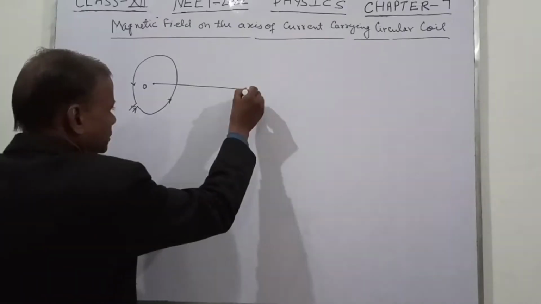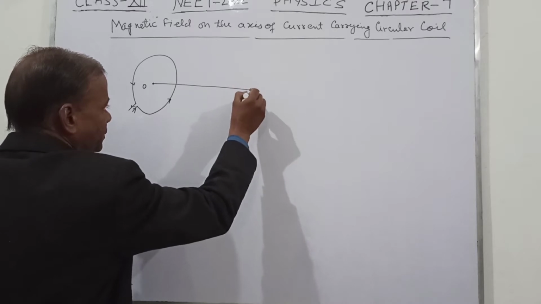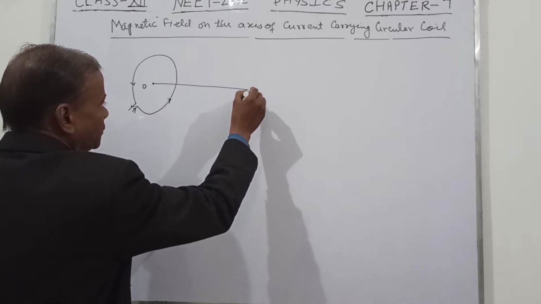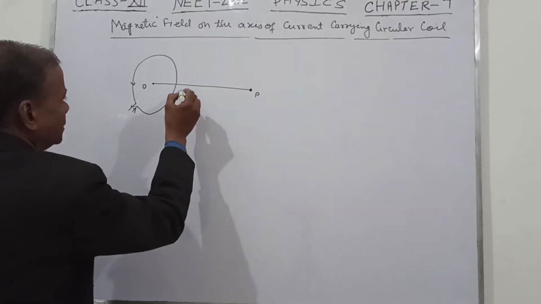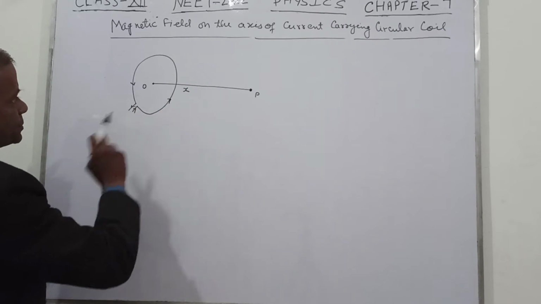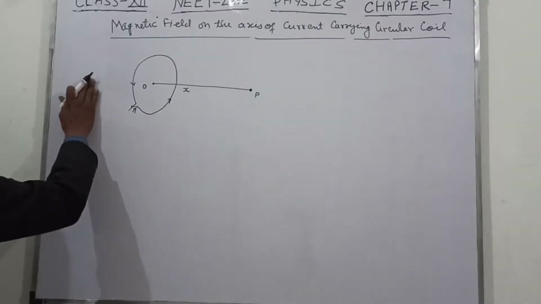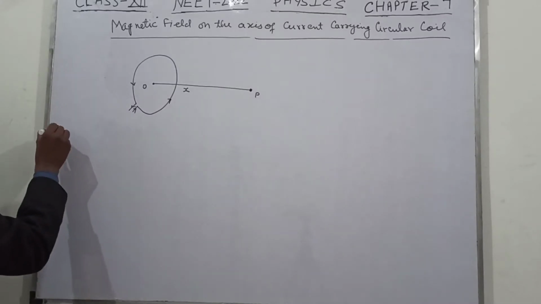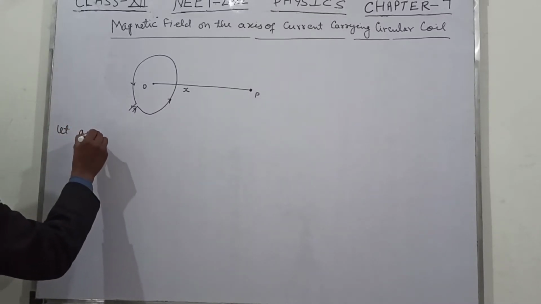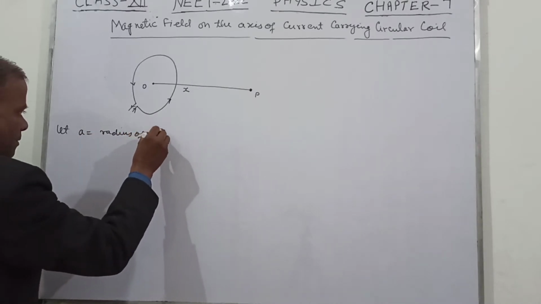This is the circular coil. This is the axis. This is the point P of observation. This is at distance x from this center. Let A equal to radius of coil.